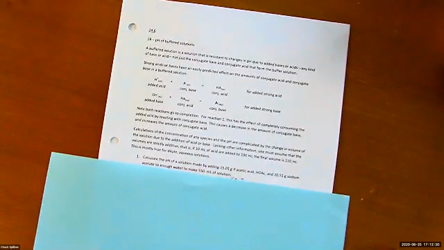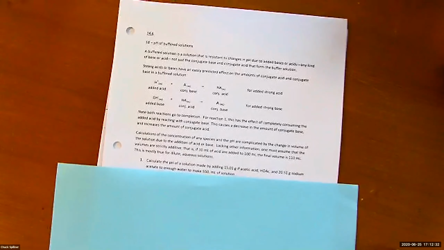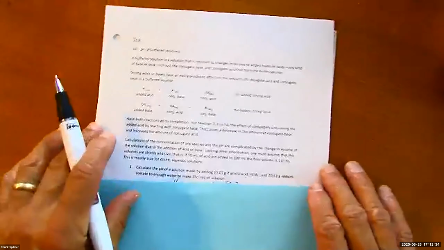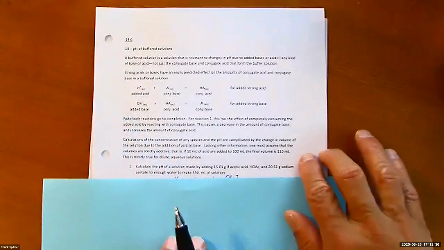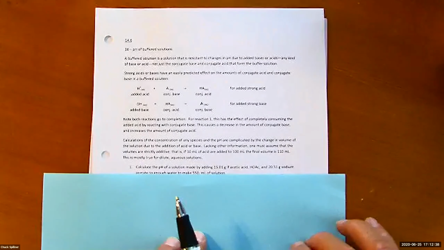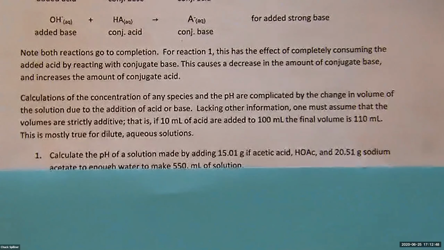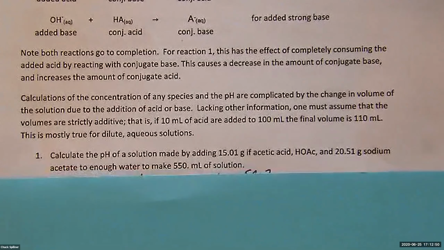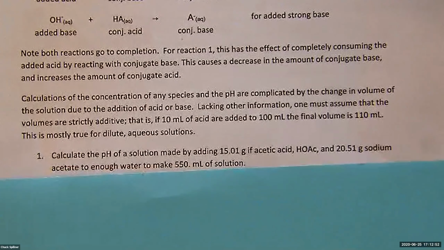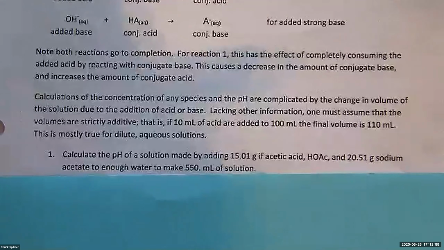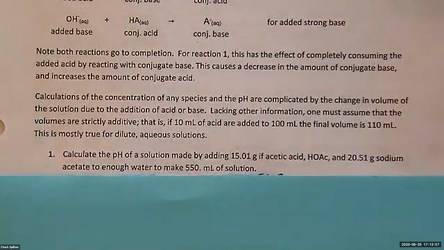The top of this worksheet explains buffer solutions, so I'll let you read that on your own. Let's go directly to the problem. There's only 2 problems on this worksheet.